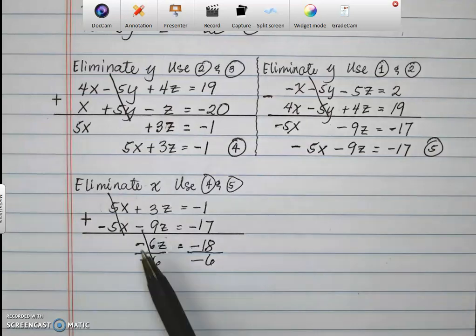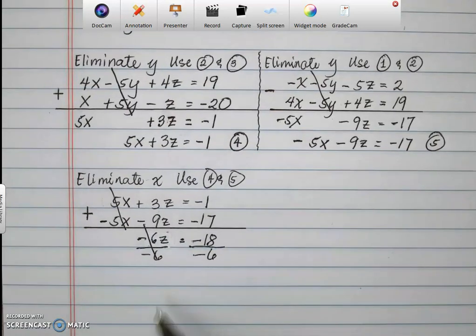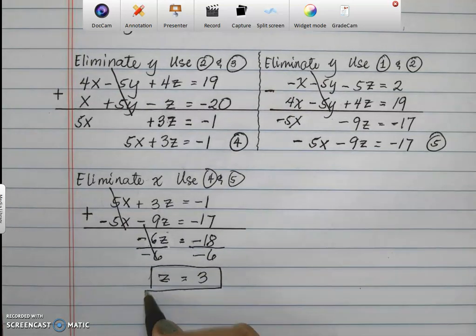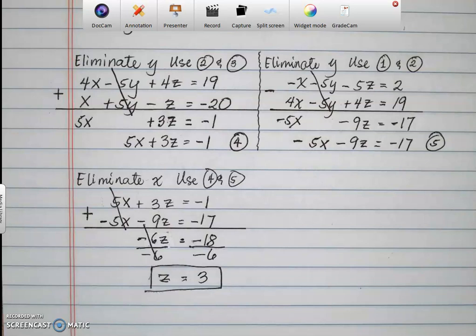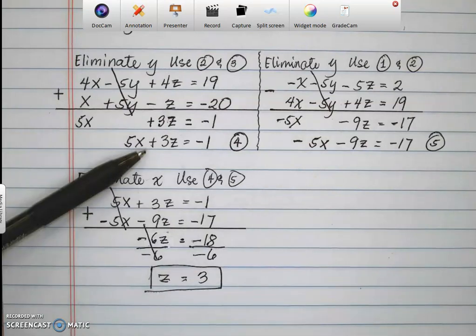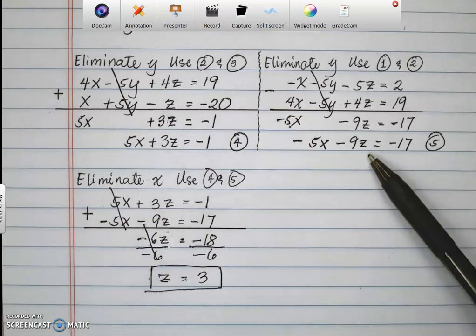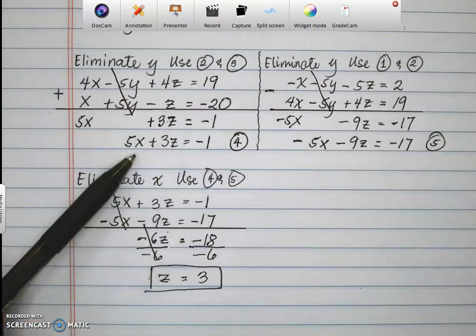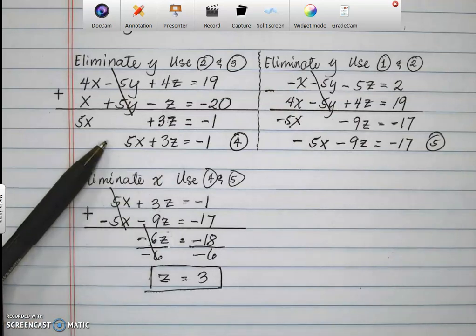All right, so negative 6 divided by negative 6 is just going to be a z. And then negative 18 divided by negative 6 is a positive 3. So z is 3. We're just going to go ahead and use that to solve for x this time because I want to use either of these two so that I can plug in the 3 in the z and then solve for x. I think I'm going to use equation 4.